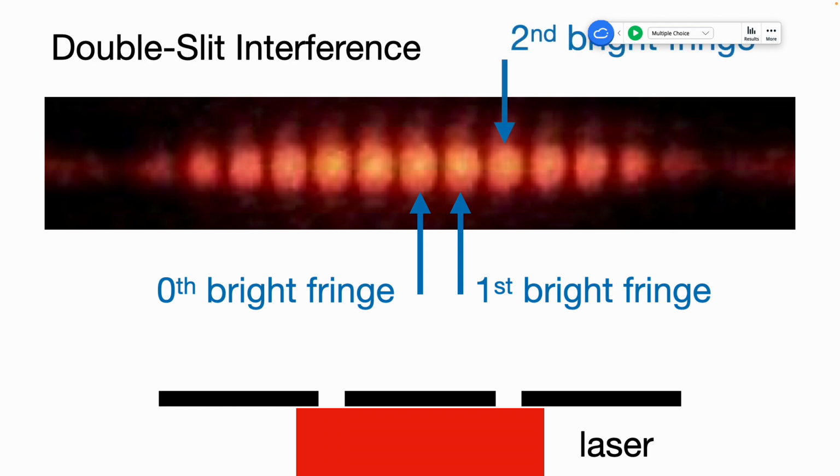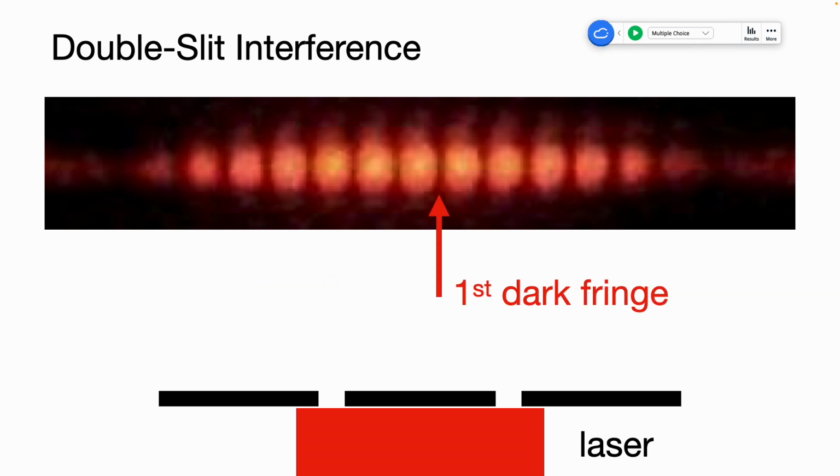And here, the dark fringes are different, left and right, so this is 1, -1, 2, -2. There's no dark fringe at the center, so we don't have a zeroth dark fringe. It's just terminology, it's not going to be that important. But this is what we call dark fringes and bright fringes. Okay? Any other question?